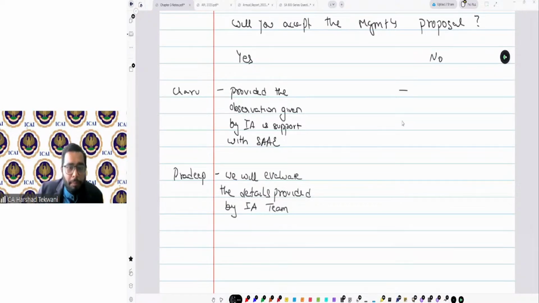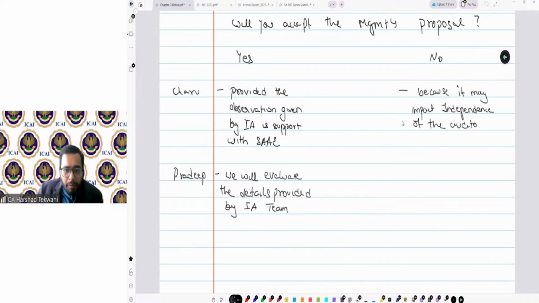No, because it may impact the independence of the auditor. That is why, Mufika. Good. What else?